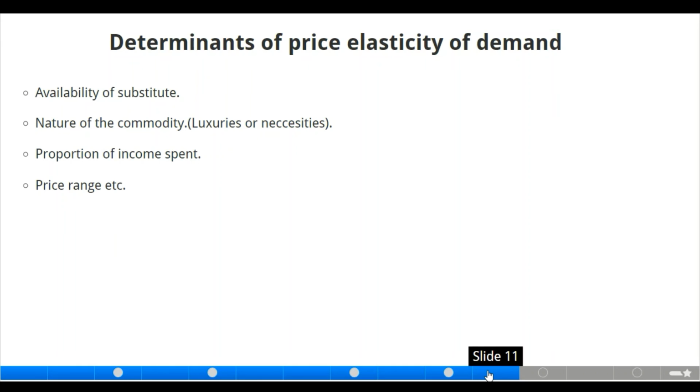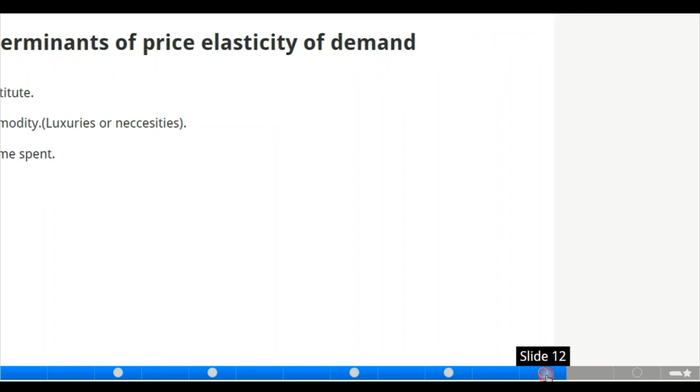If a product has a close substitute, it is likely to have an elastic demand. In the nature of the commodity, we have necessity and luxury, and we also have proportion of income spent and price range.